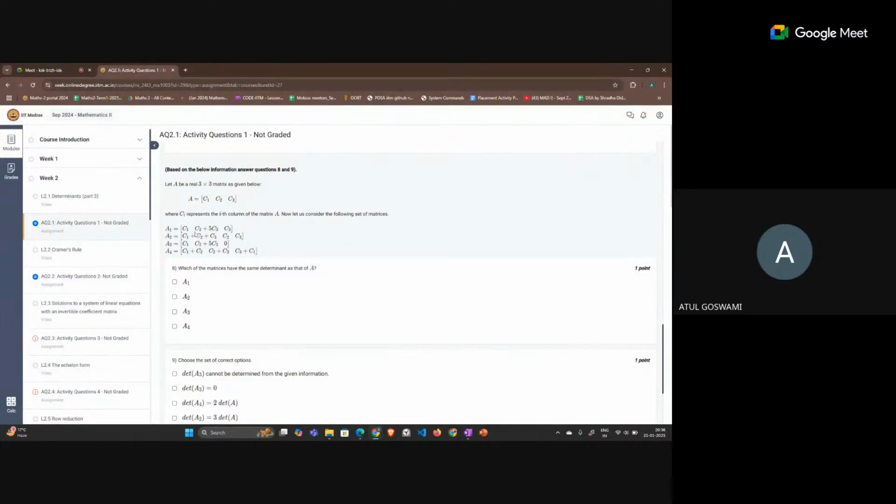What is happening here? In A1, we are taking column 2 and adding 5 times column 3. No problem there, so A1 will have the same determinant.